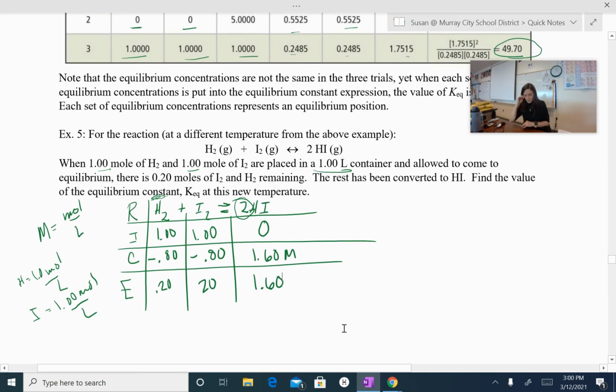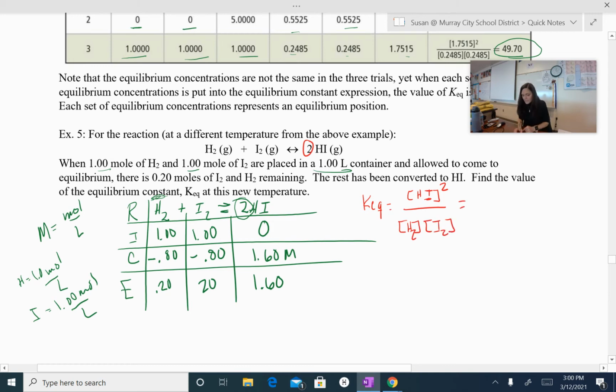Let's write out our equilibrium constant expression. I'm going to change colors here. So my equilibrium constant, remember, products on the top. So I have hydrogen iodide, and I have a coefficient here of 2, so I need to square this, all over hydrogen and my concentration of iodine.